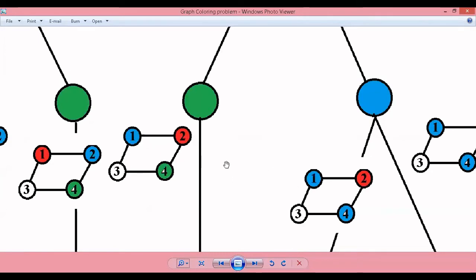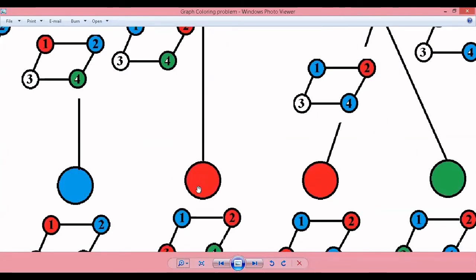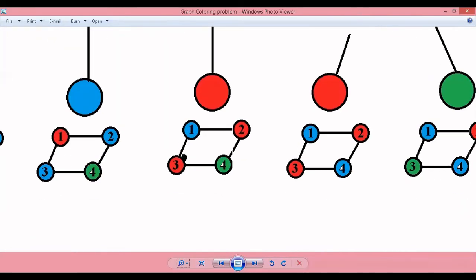Now the first node is blue, the second node is red, the third node is green. But since the fourth node is adjacent to both 1 and 3, it has only one color, that is red. So only one edge, and if it is colored red, the final graph is this one.